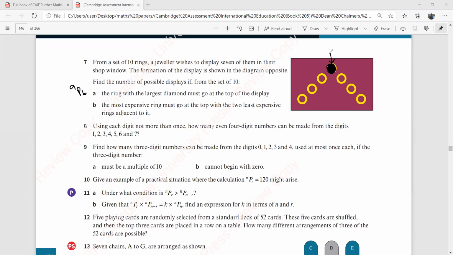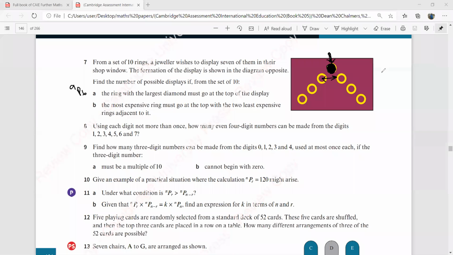Now it says the most expensive ring must go at the top, with the 2 least expensive. So this is the most expensive ring over here, and these are the 2 least expensive.